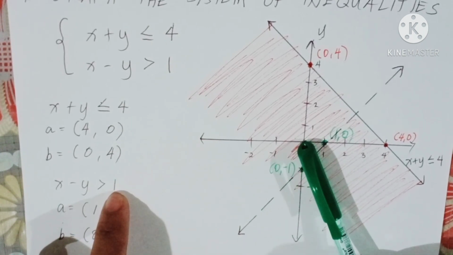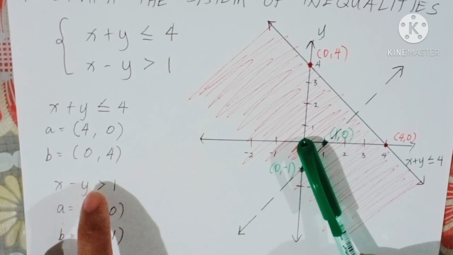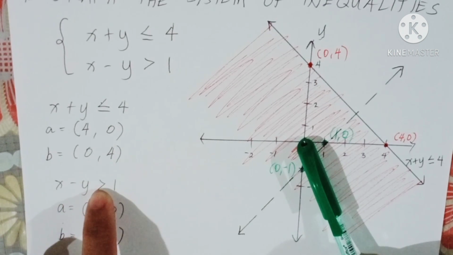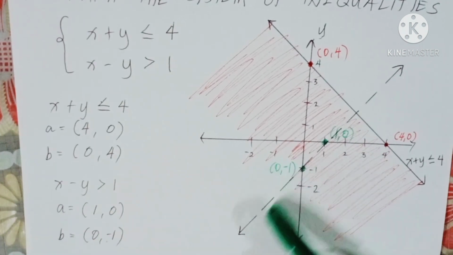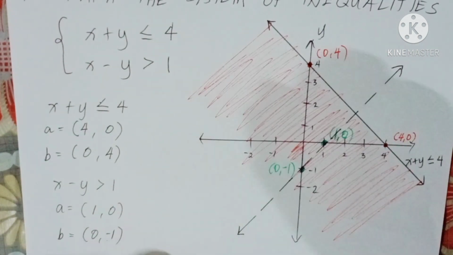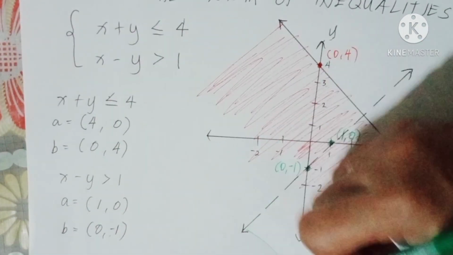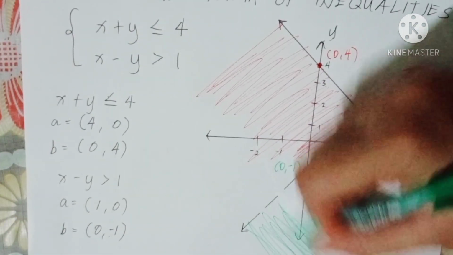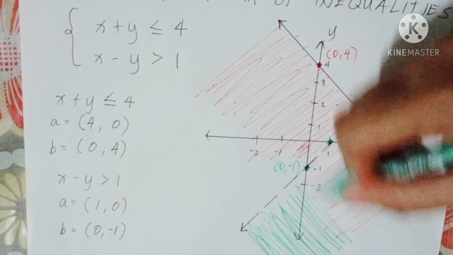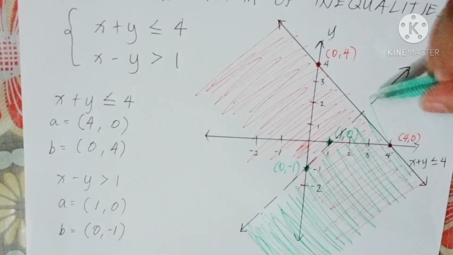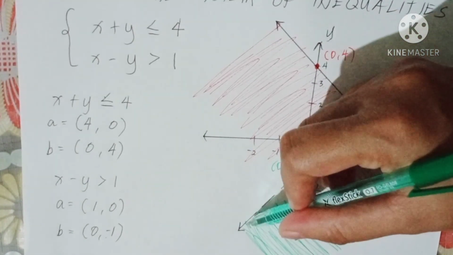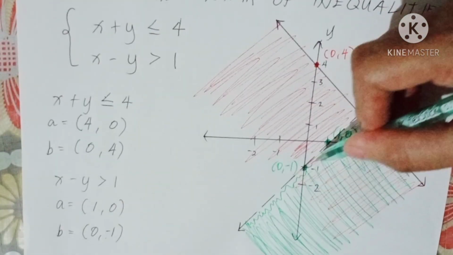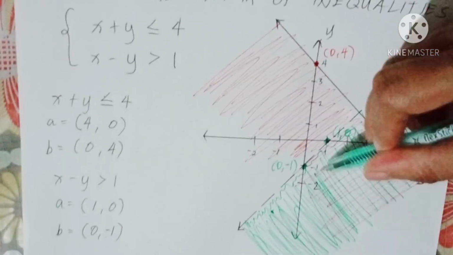It's false. 0 is not greater than 1. So we will shade below. So we shade.